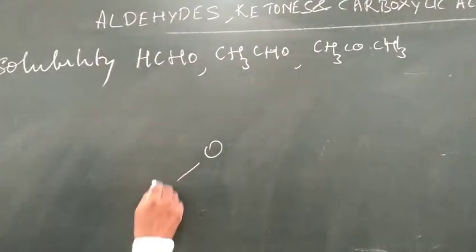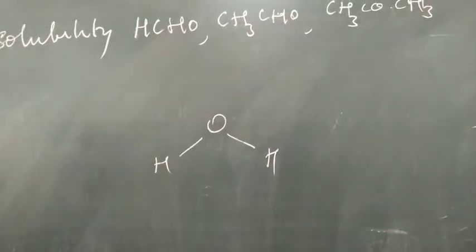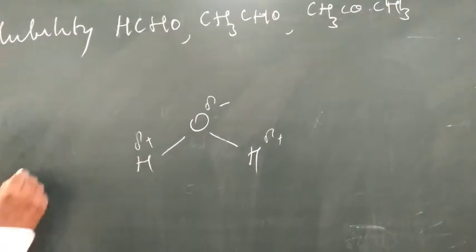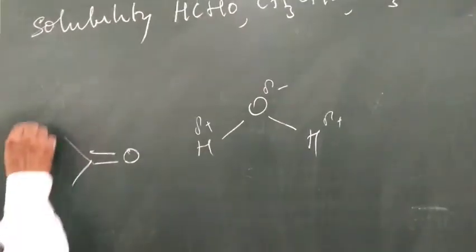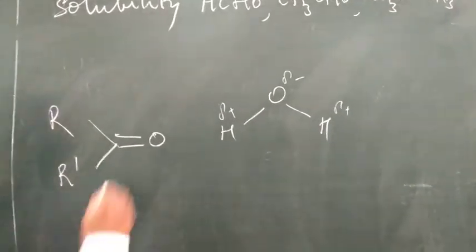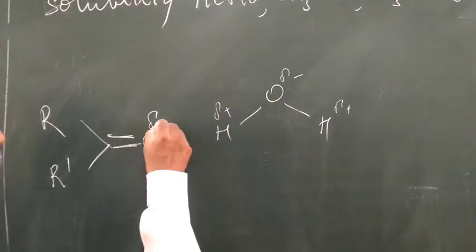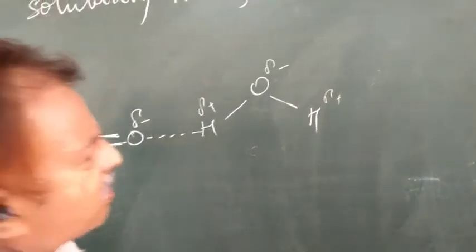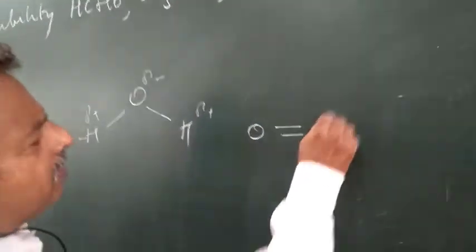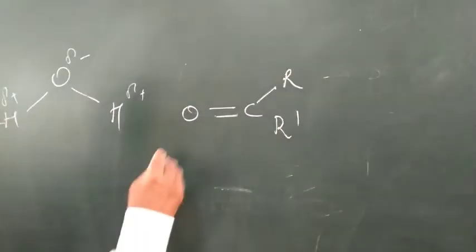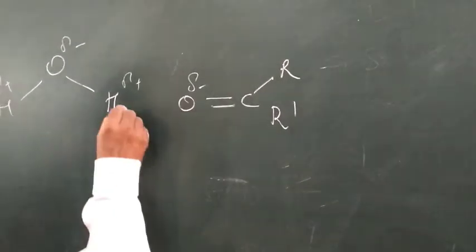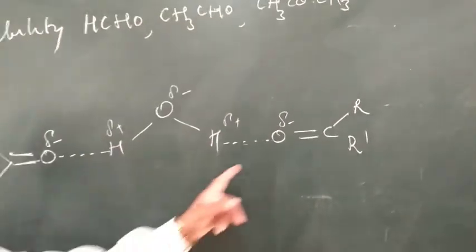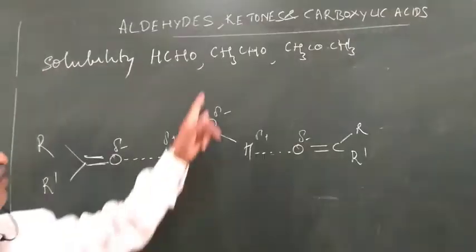This is H, and of course here a partial positive charge, here a negative charge, and here this is the ketone R dash, and of course here a partial negative charge forms, and in between the hydrogen bond forms. On the other side also, at the ketone group, partial negative charges are formed, and a hydrogen bond forms. Due to the formation of hydrogen bonds, these lower members are soluble in water.